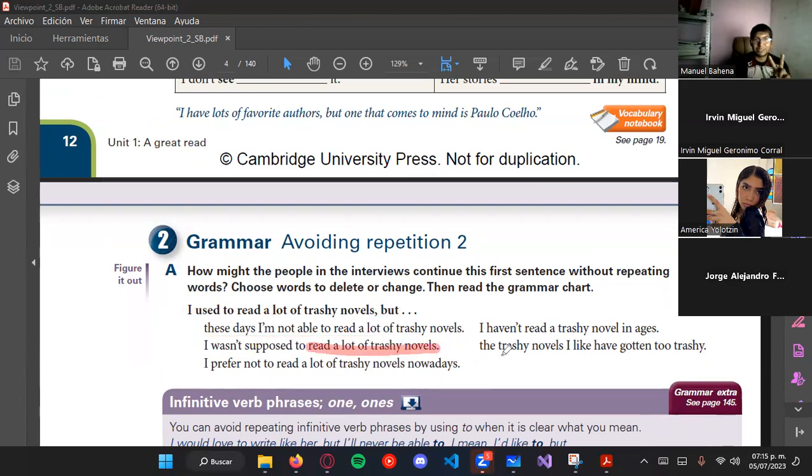There are two options as well. También hay dos, igual que arriba. "I was supposed to... one of these." Una de ellas, okay.